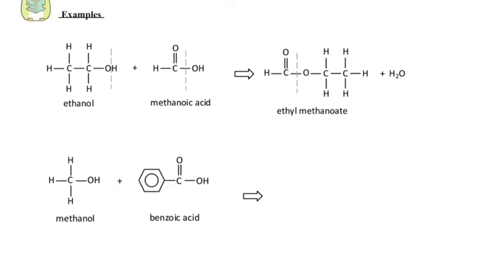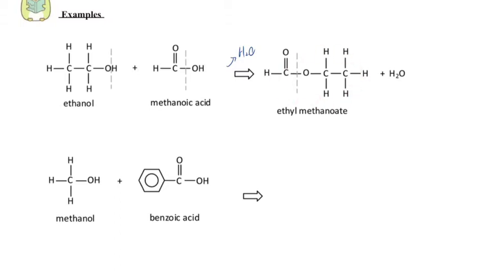When these two types of molecules are put together, we can remove water from these two molecules and form an ester. So we are going to remove one of the hydrogens from the ethanol, and then remove the OH group from the methanoic acid, and then the ester is formed on the right hand side.